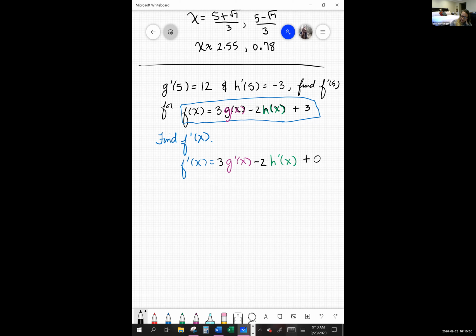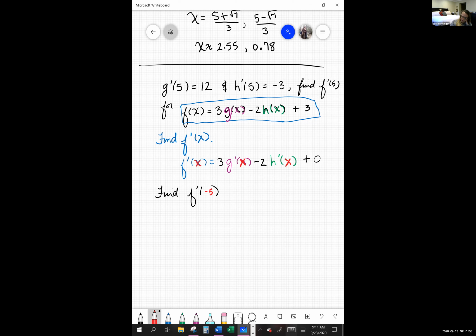Now we want to find f prime of 5. So we're going back up into this equation, and wherever we see an x, we're going to replace it with 5.